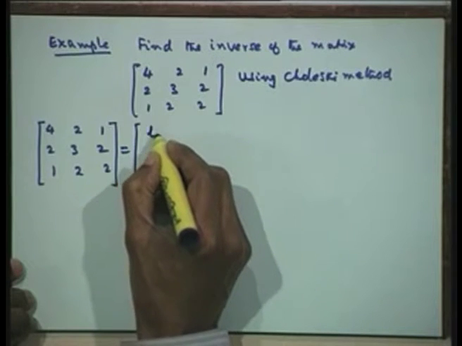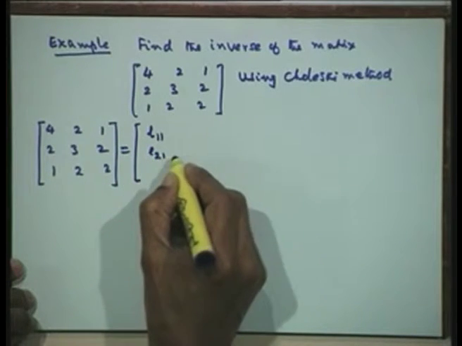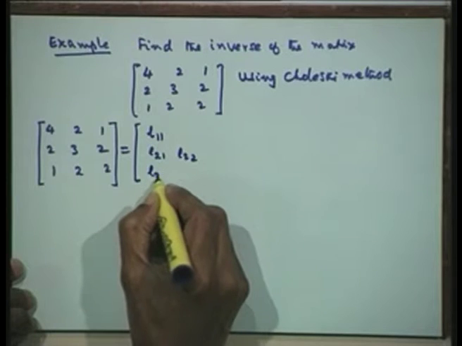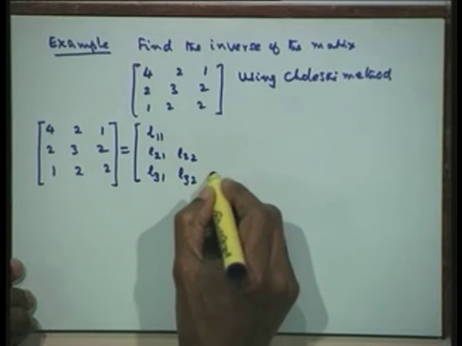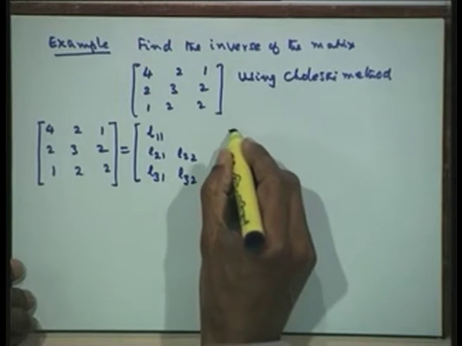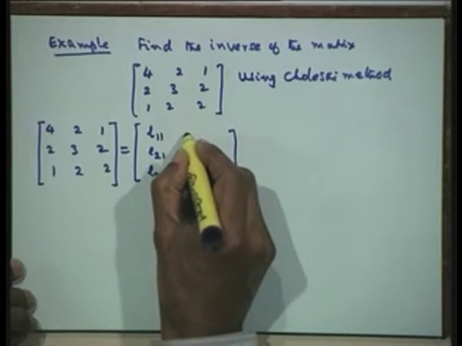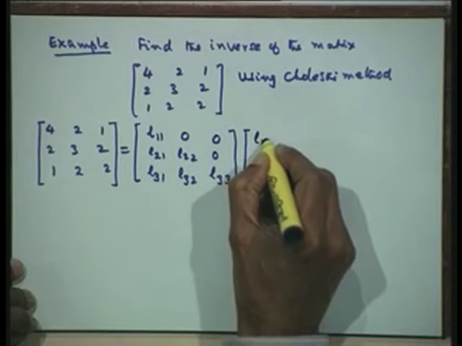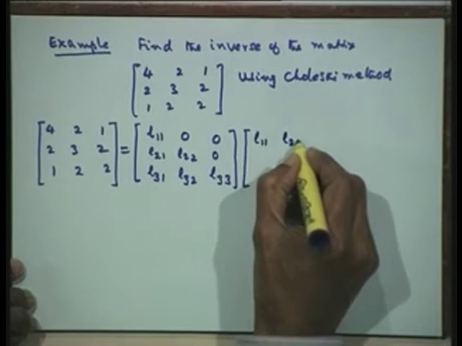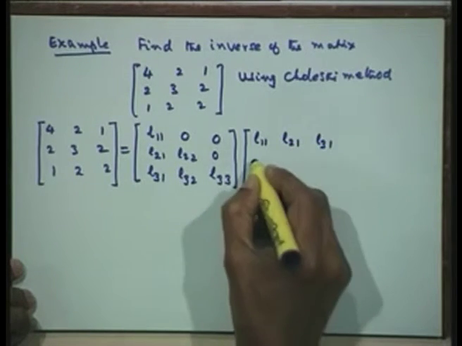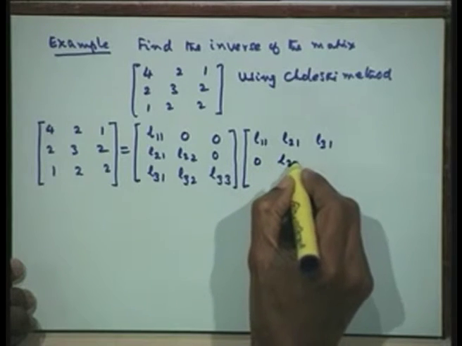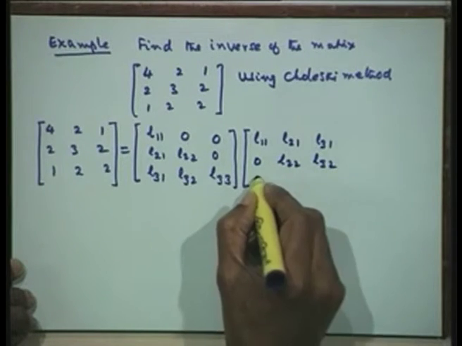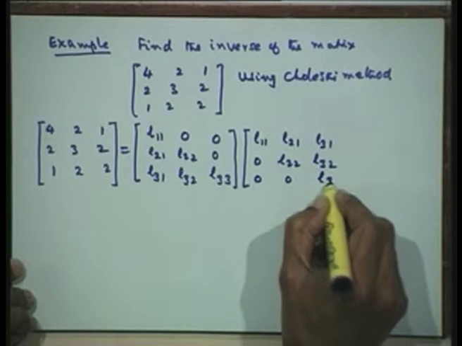The lower triangular matrix L 1 1, L 2 1, L 2 2, L 3 1, L 3 2, L 3 3. We have this as L 1 1, L 2 1, L 3 1, 0, L 2 2, L 3 2, 0, 0, L 3 3.